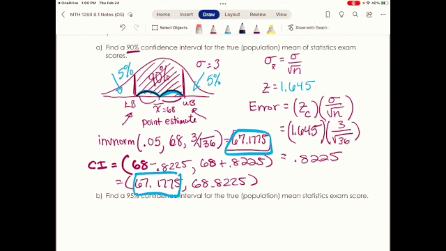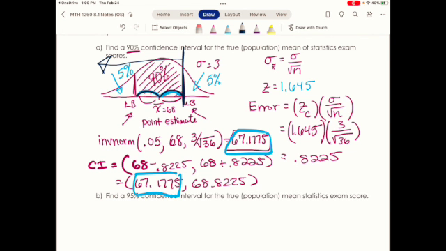If I want to find this value here that I just highlighted, I would put in 95 to the left, and I would put in 0.95 for my percentile. And I should get 68.8225 for that, which would give me my upper and lower bounds.